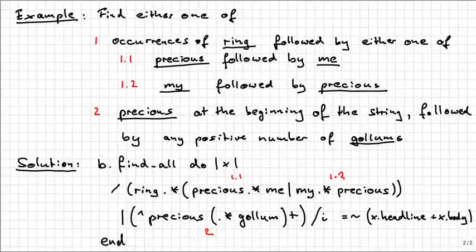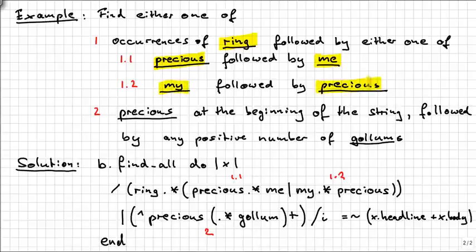Let's look at a second, more elaborate example. Gandalf is growing more and more concerned about the chatter surrounding the ring, and so he's looking for patterns that involve the word ring followed by either precious followed by me, or my followed by precious.